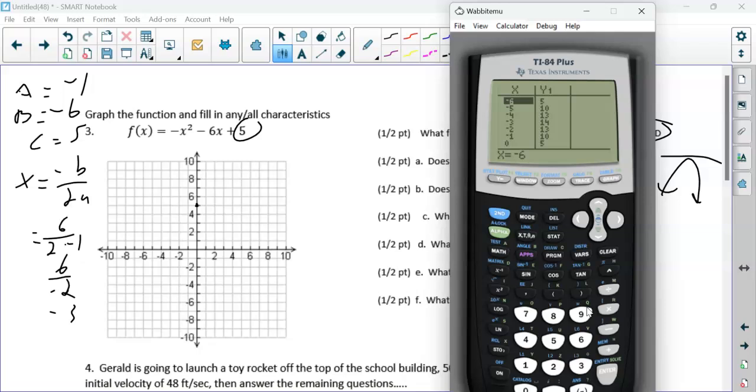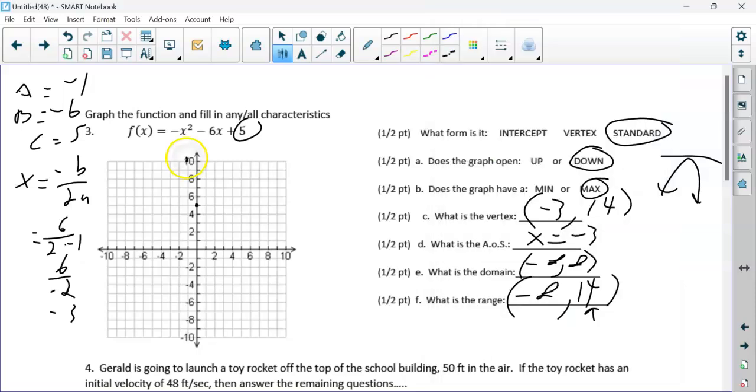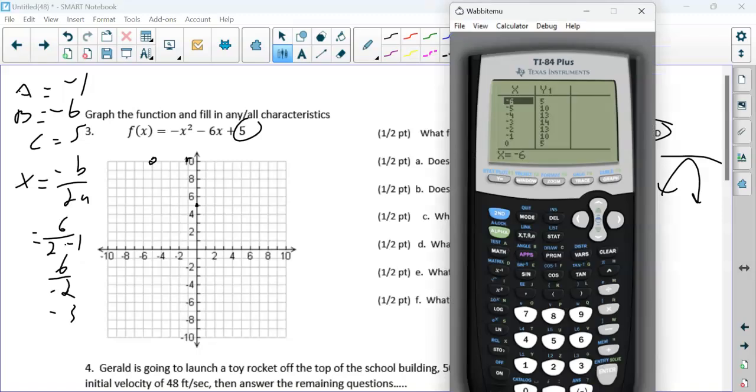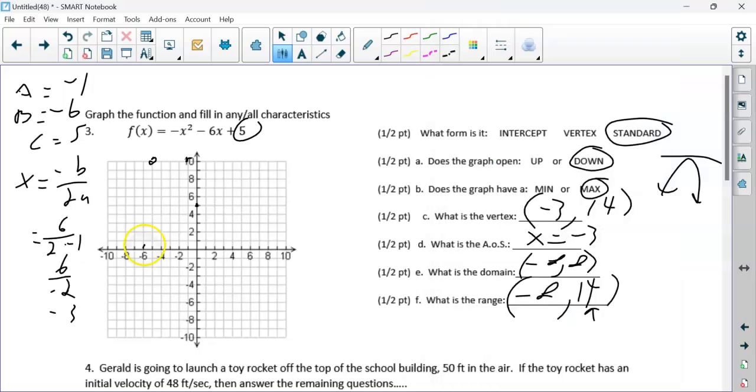Okay, so what can we graph? Well, we can graph (negative 5, 10) and (negative 1, 10). We can graph (0, 5) and (negative 6, 5). Which we already had (0, 5).